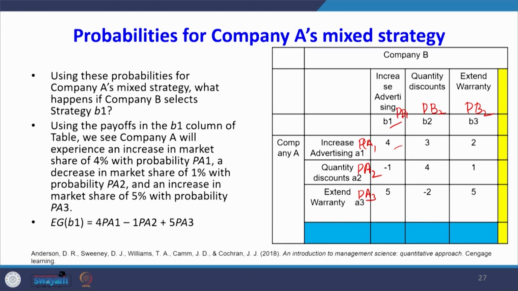We know that in a probability context, E of x equals the sum of x times P of x. P of x is the probability PA1, PA2, PA3, and the x values are 4, -1, 5, and then we have to sum it.